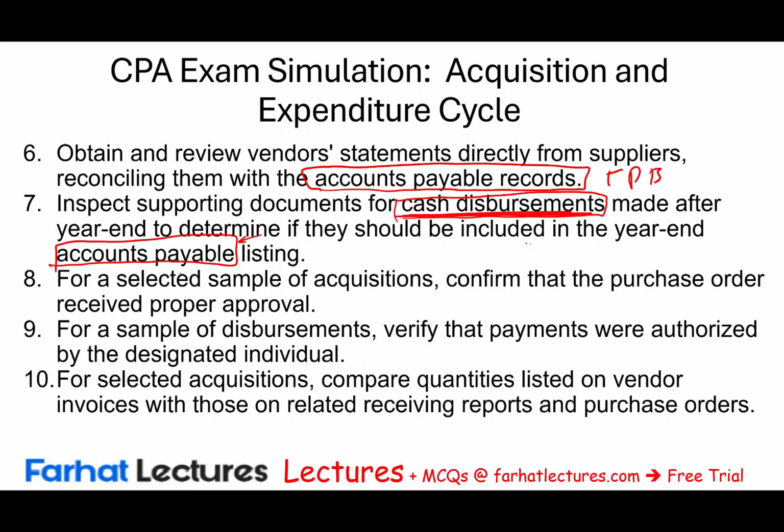So here it's a test of detailed balance, and the audit objective is, you guessed it, also completeness. Make sure that all the amounts are there. You could also say it's part of cutoff testing, because we're dealing with after year end, but that also serves completeness.